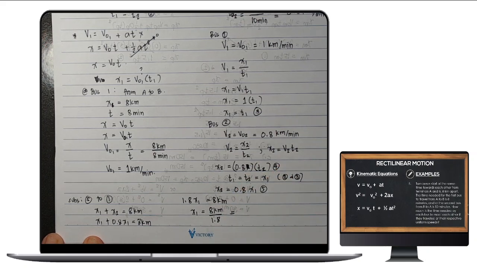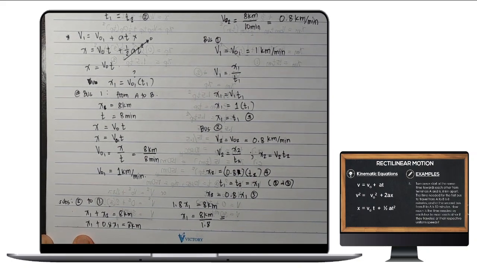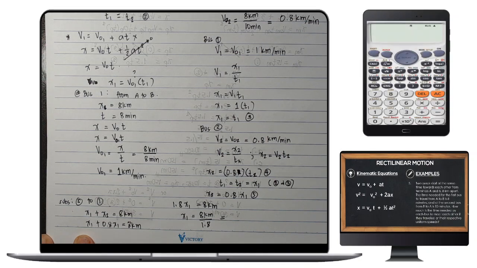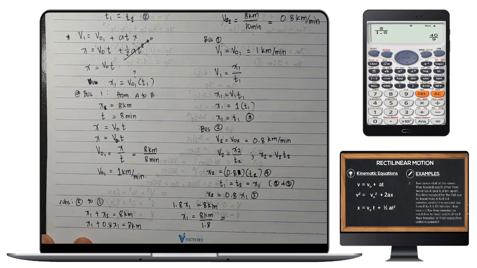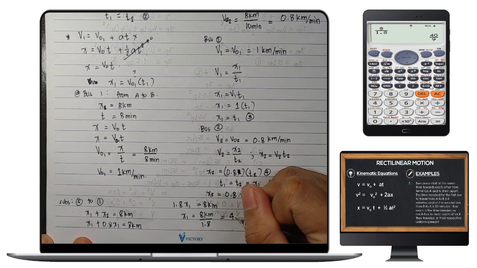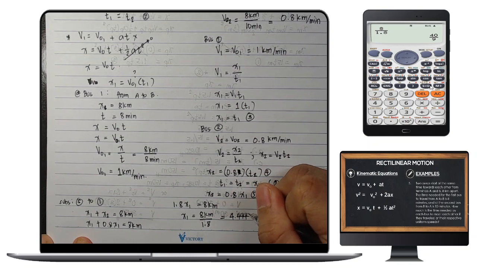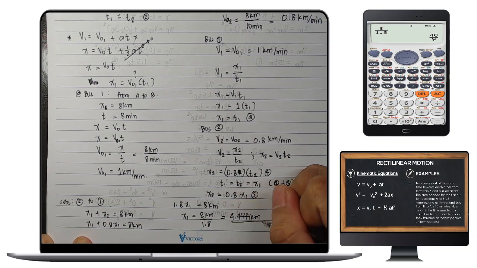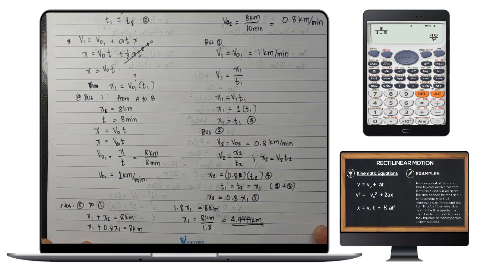Let's use our calculator. So 8 divided by 1.8, that is 40 over 9 or 4.4444 kilometers. So that is the distance covered by bus 1.